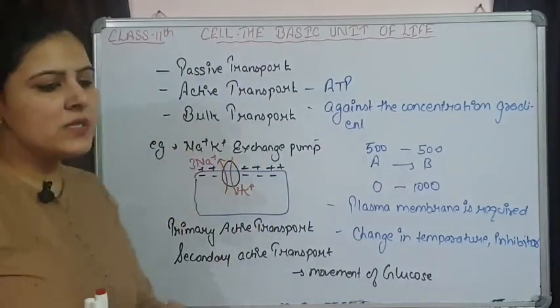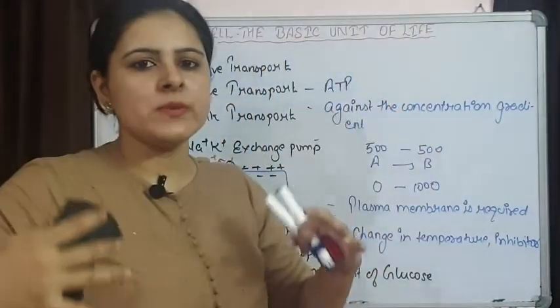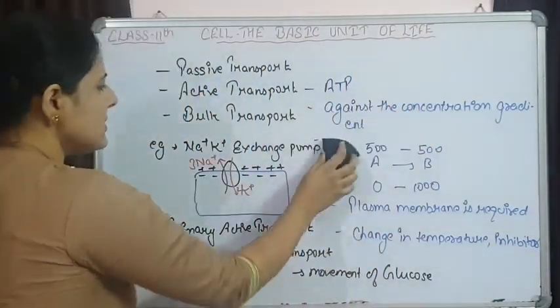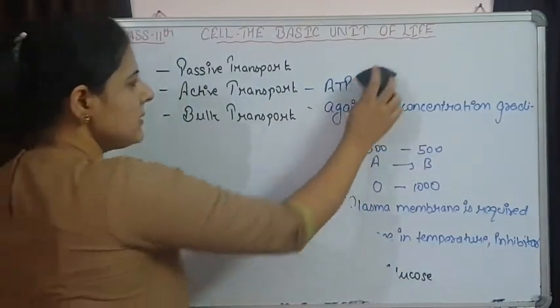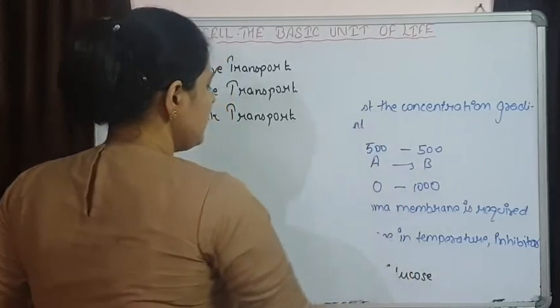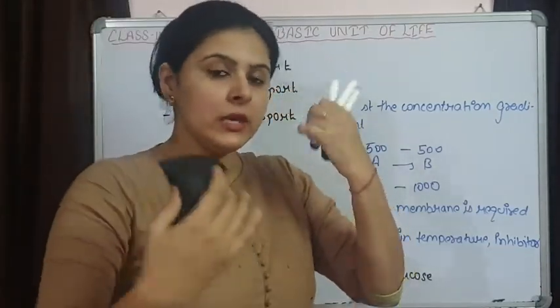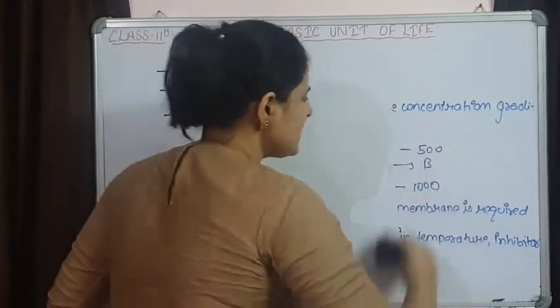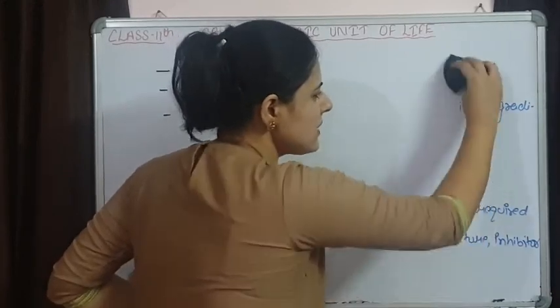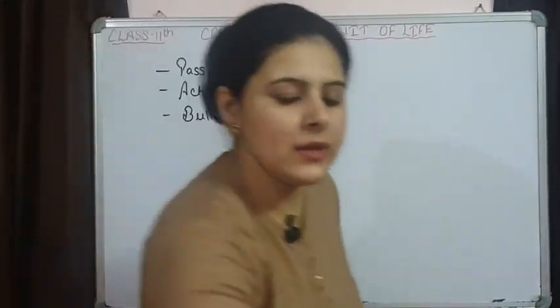The third one is bulk transport. Bulk simply means lots of substance is going to enter inside the cell. Now two situations can be there: lots of substances are moving inside the cell, an inward movement, which is known as endocytosis, or substances are going to leave the cell, which is exocytosis.